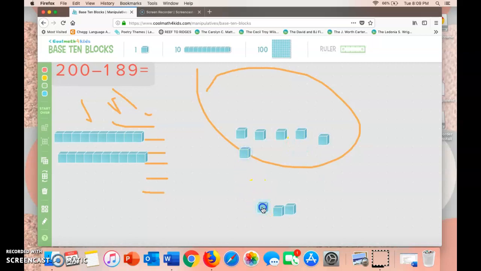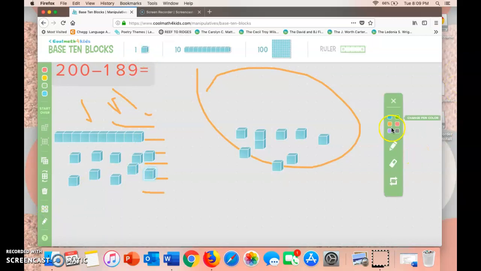This still may be a bit hard for students to see, so they may choose to take away one of the tens blocks and represent it with 10 ones cubes. In doing so, the student could continue using the strategy that they have been using of crossing out.